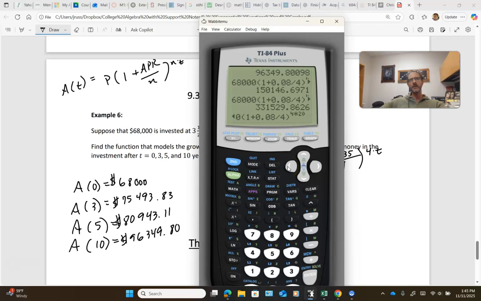Now this is a bit unrealistic because when you're saving for retirement, you never typically have a lump sum like this. Typically you just start saving a little each month. You can invest a little bit each month for years and then decades. It can really add up to a lot of money.